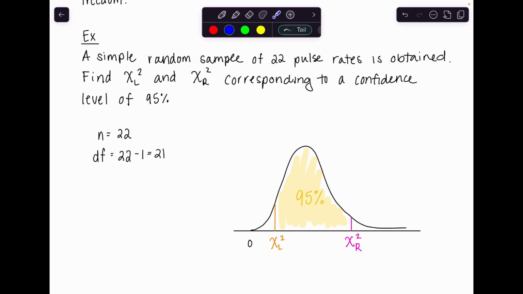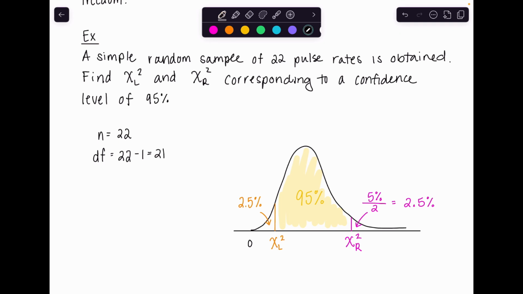Which means on these outskirts here, that's 5% of data. So what's going to be to the right of this value is 5% divided by 2, which means 2.5% of data falls to the right of this critical value. And really, same thing ends up being here. 2.5% of data values fall here.